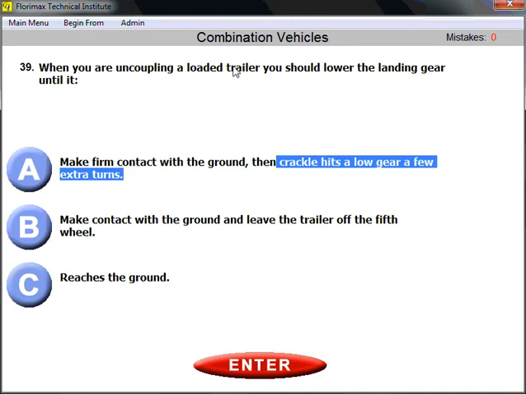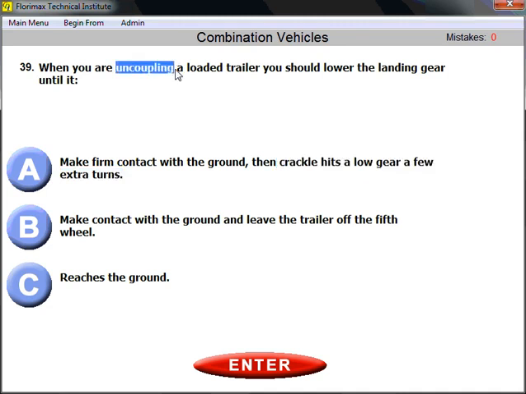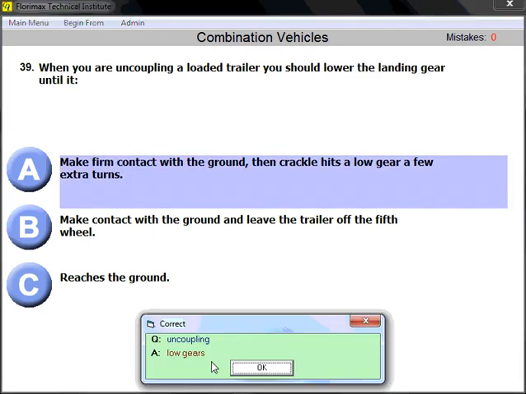And when you remove the tractor from under the trailer, the landing gears will support it. Again, read. When you're uncoupling, you should lower, so that's a key. You should lower the landing gears in what way? Until it makes firm contact. Firm contact. And use low gear also. That's another key.